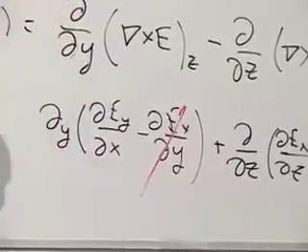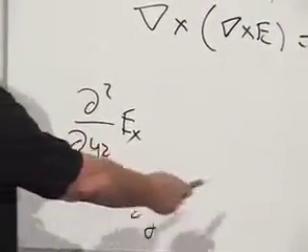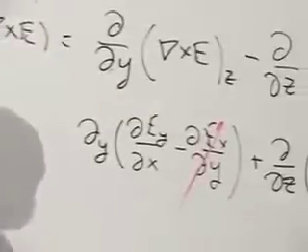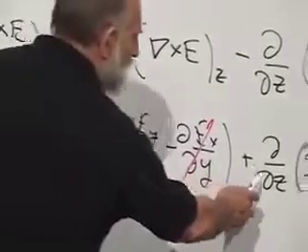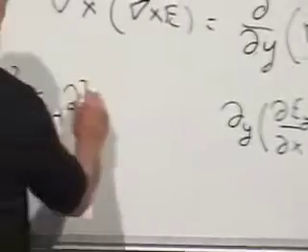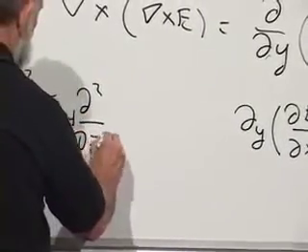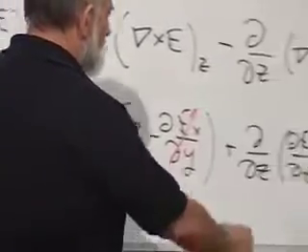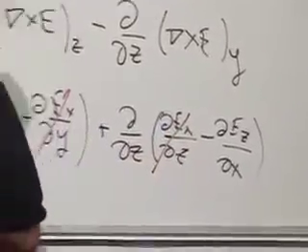That's d by dy squared, two derivatives with respect to y of Ex. We have two derivatives with respect to z of Ex, that is, the second derivative with respect to z squared of Ex. That's this.